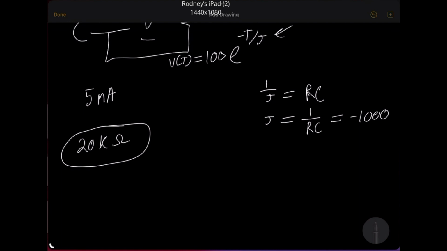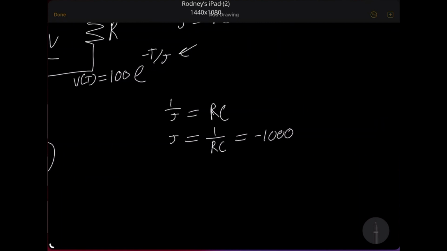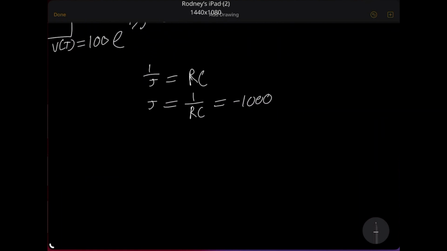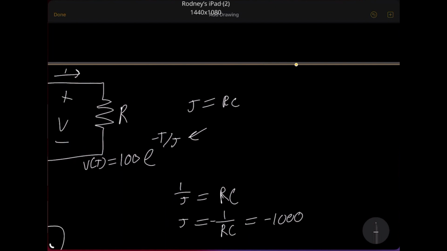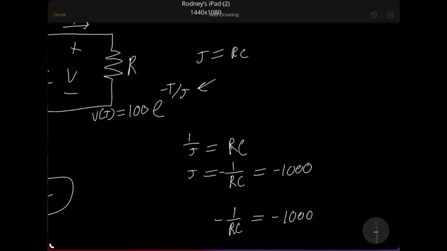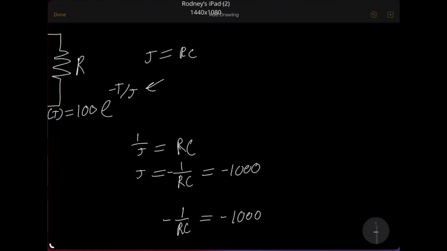Let's figure out the value of the capacitor now. So, to continue on with our problem, we have negative 1 over RC is equal to negative 1,000, right? And how we got that is, instead of thinking of that as tau, if you were to plug in a value, it's going to be 1 over RC.